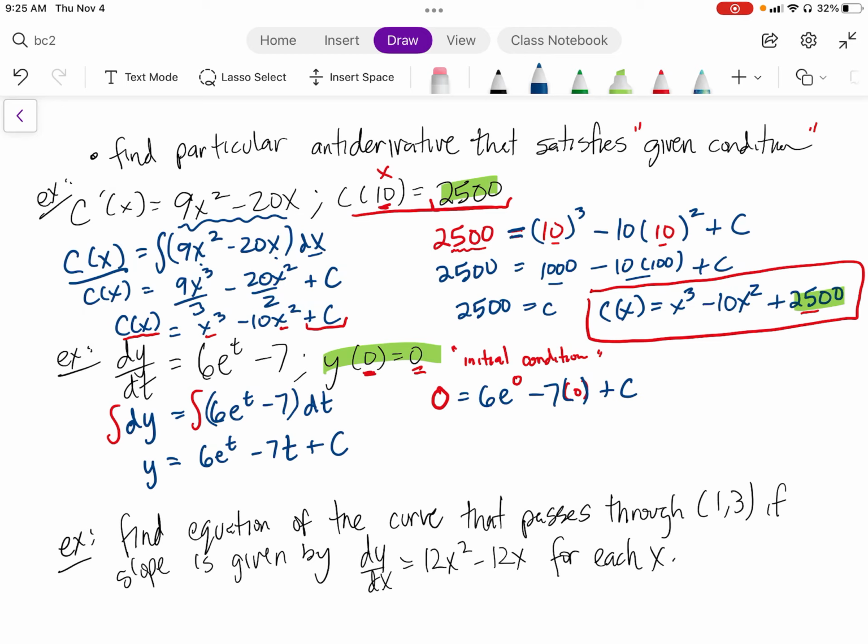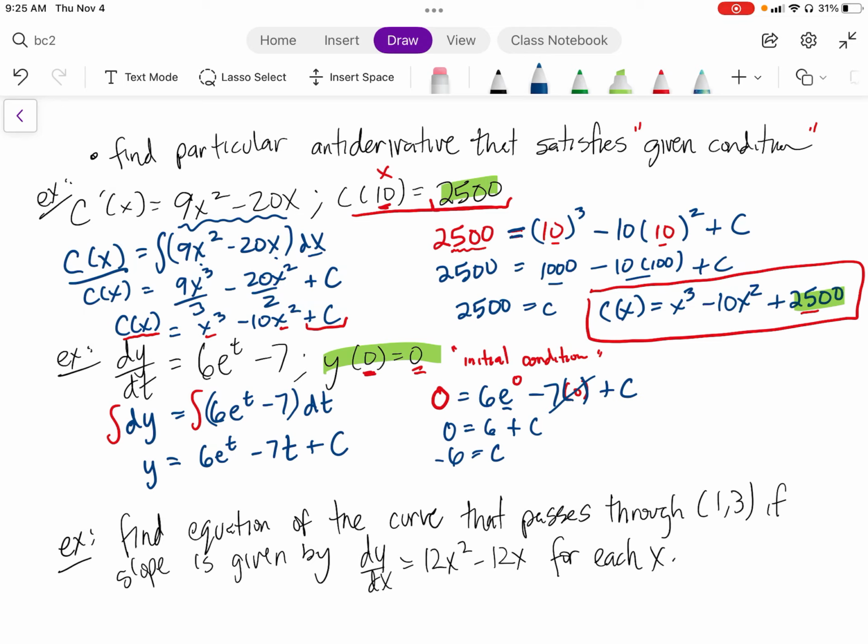That's 1. So e to the 0 is 1. Now, minus 7 times 0 is in fact 0, right? We don't need that. But now I have 0 equals 6 plus c. So c is negative 6.